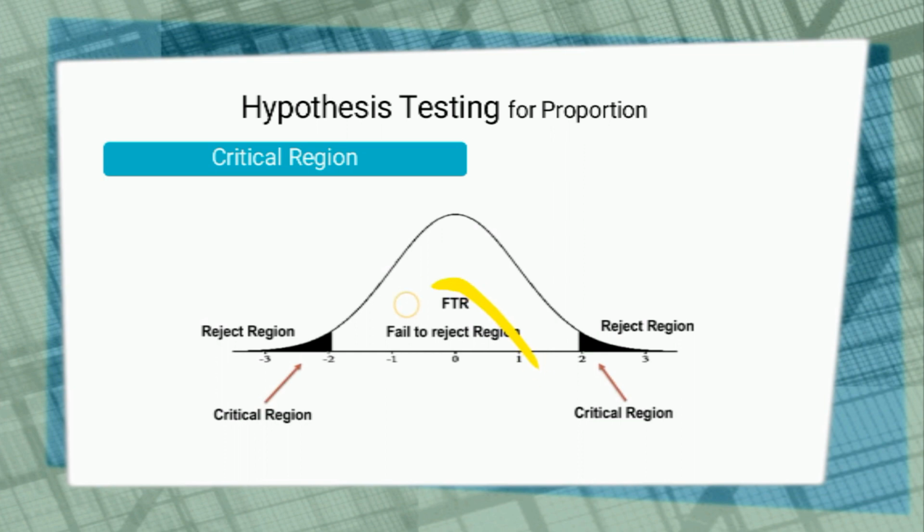Kapag nandito naman siya sa may gitna, tinatawag natin itong mga unshaded area, tinatawag natin itong FTR or failed to reject region. Kapag dito nag-lay yung mga na-solve natin, then kailangan nating i-accept yung claim. So, itong mga shaded area, yan yung tinatawag nating critical region. And ito naman yung unshaded area, FTR or the failed to reject region.